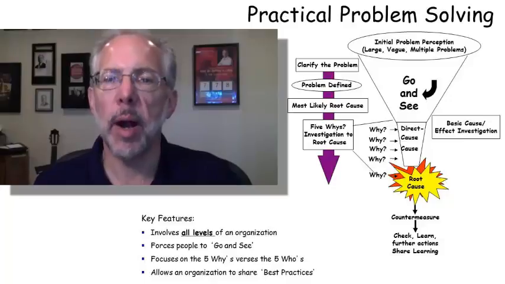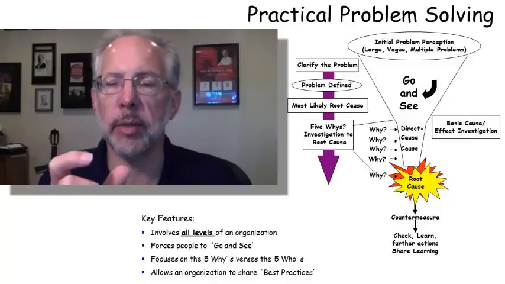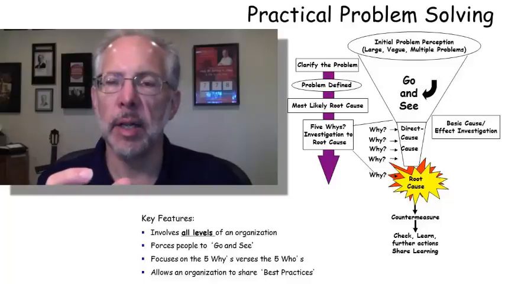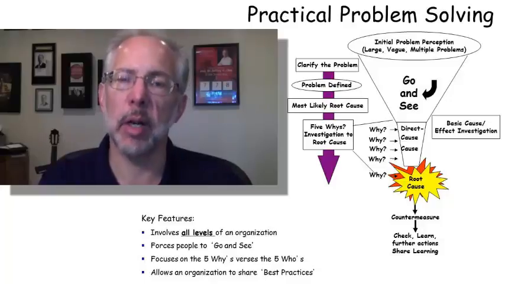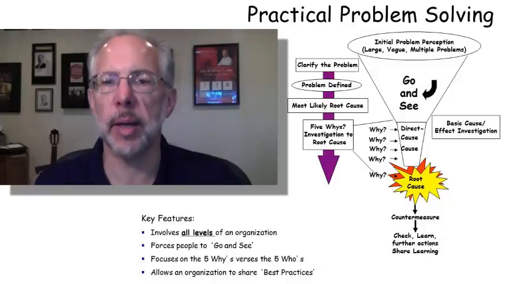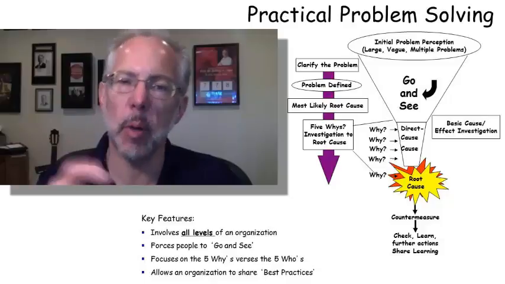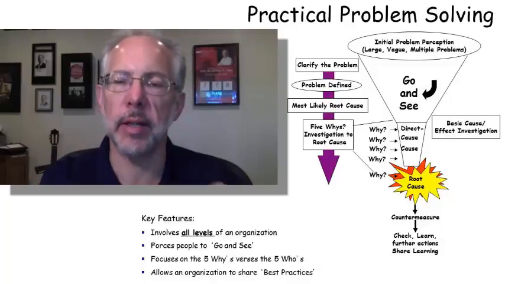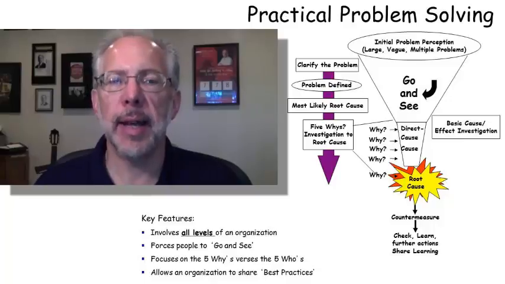And part of that is finding out where the initial problem was seen, and then where the actual problem occurred. So you might see the problem in inspection, but then you have to go back through the process to find where it originated. And then you start to ask why.